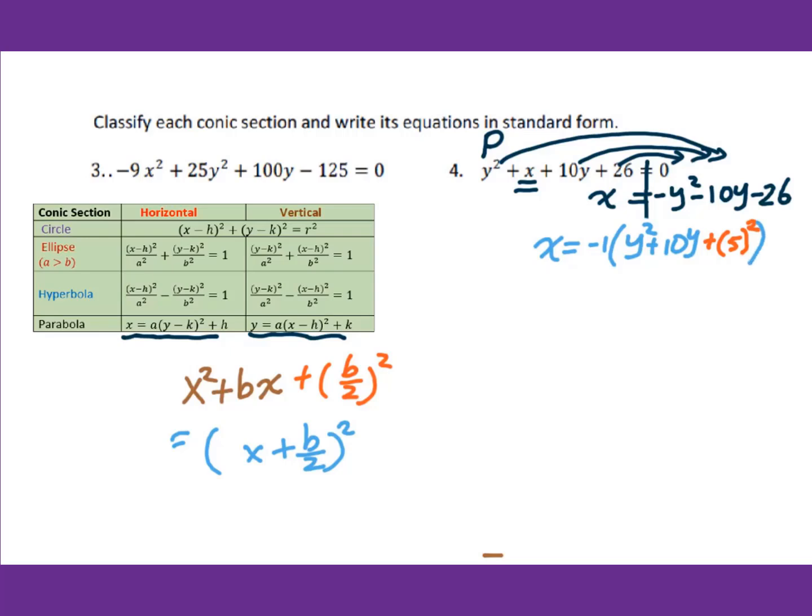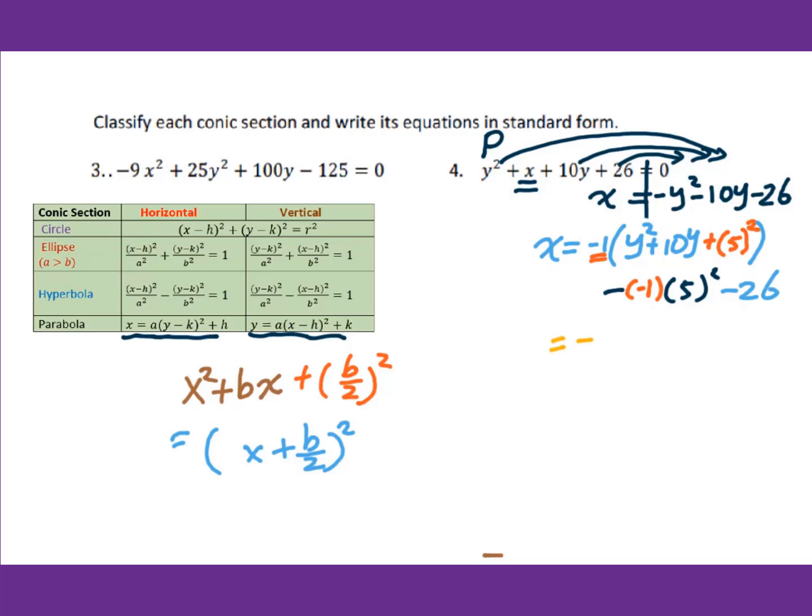Since you add it on the same side, you have to subtract 5 squared. We do have a factor before 5 squared, so you have to multiply by this factor, then minus 26.